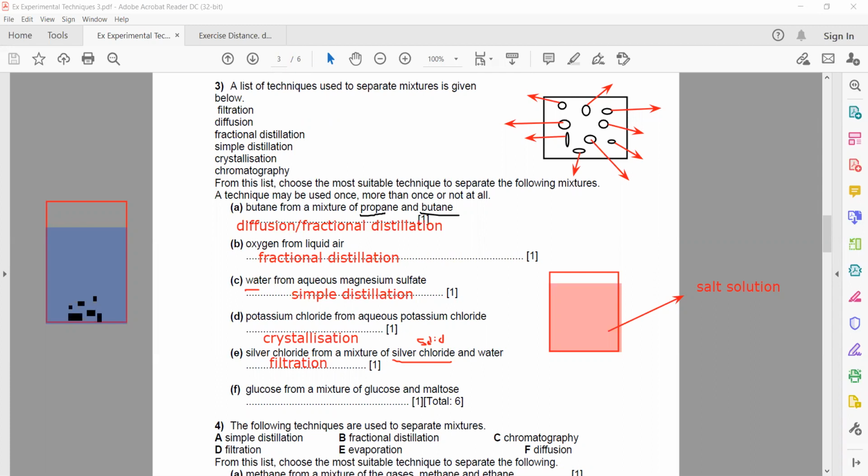Normally the correct answer is chromatography, in that sense that you have a mixture of a dissolved sample of glucose and maltose. So in that case, you can use chromatography. Is it clear? Question 3. Anyone having a doubt? Any question or a doubt in 3?